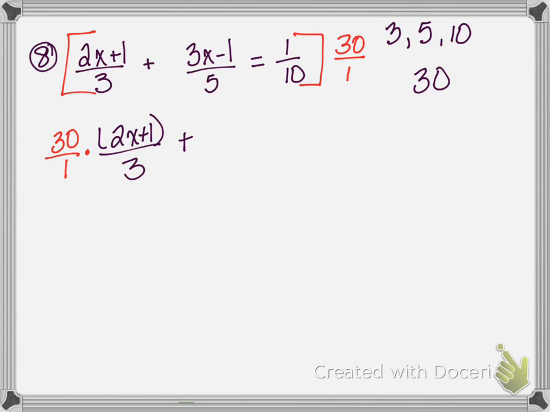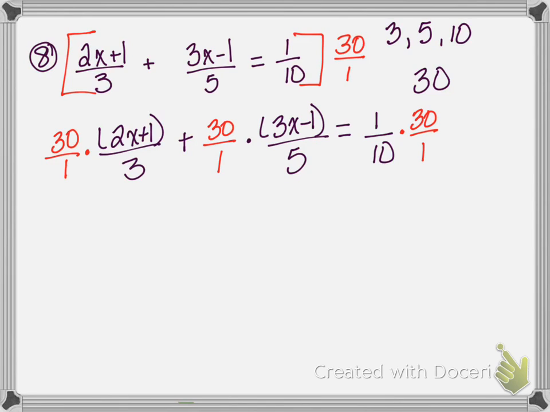Then I have 30 over 1 times 3x minus 1 over 5. And that's equal to 1 over 10, and that's also going to be multiplied by 30 over 1. Okay? Okay. So now we're going to start simplifying.